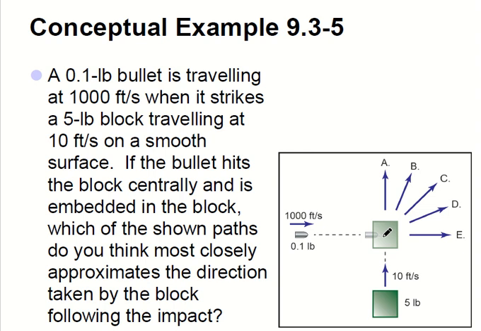Which of the shown paths most closely approximates the direction taken by the block following the impact? Here's your impact, and this guy is going there. The bullet comes in and hits you at the center, and we have to figure out where it is going to go because of the effect of that force.